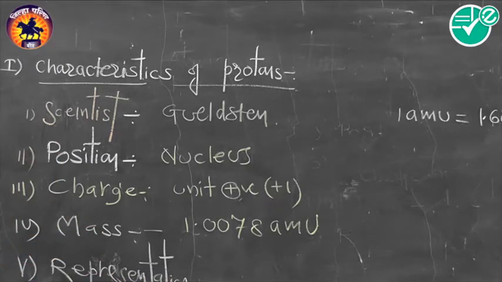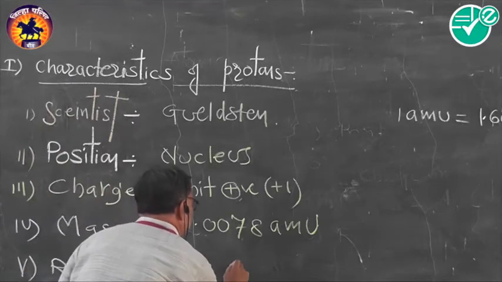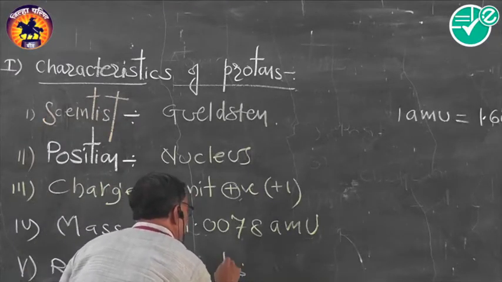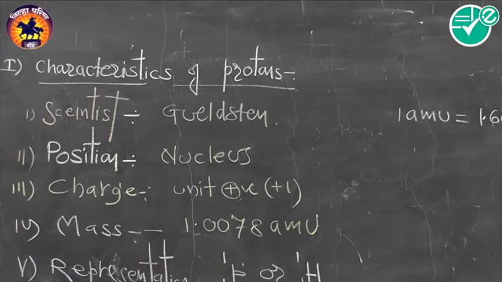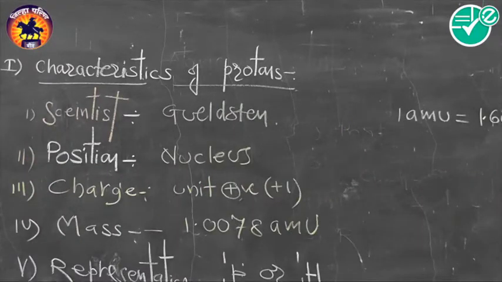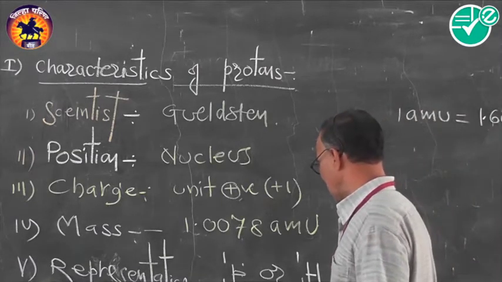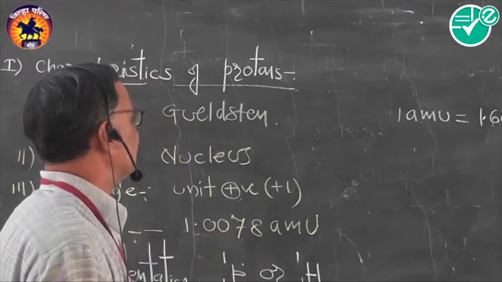So the mass of proton is equal to 1.0078 atomic mass unit. And finally, representation of proton. Proton is represented by P11, or it is also represented by H11, because the mass of hydrogen atom, the first member of the periodic table, and the mass of proton are nearly equal to each other.